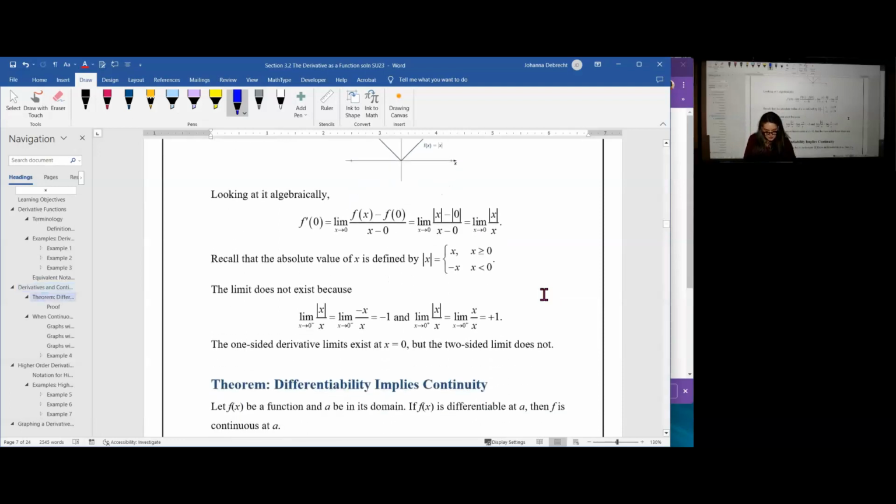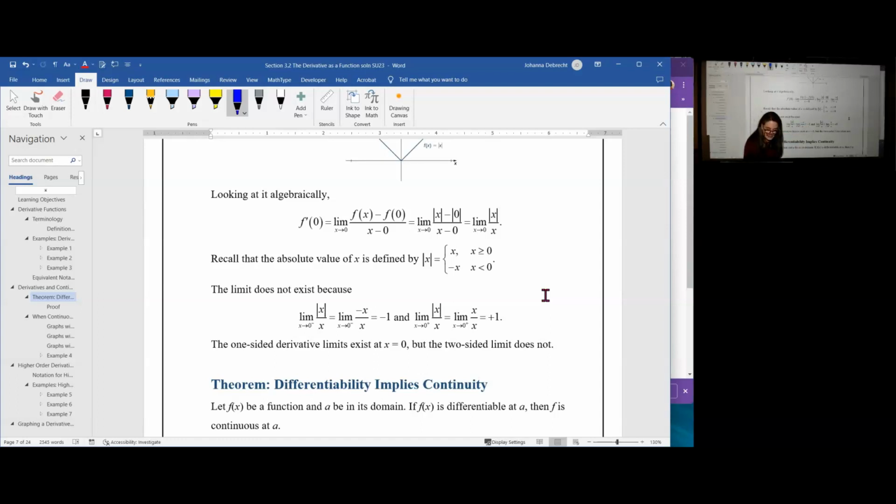Again, for the limit to exist, the limit from the left and the limit from the right have to point to the same value. When we take the limit as x approaches 0 from the left side, and again up here in the graph, you're coming down from numbers to the left of the origin, you can tell that you would have negative x values, so you have to replace the absolute value with negative x, which leads to -1.